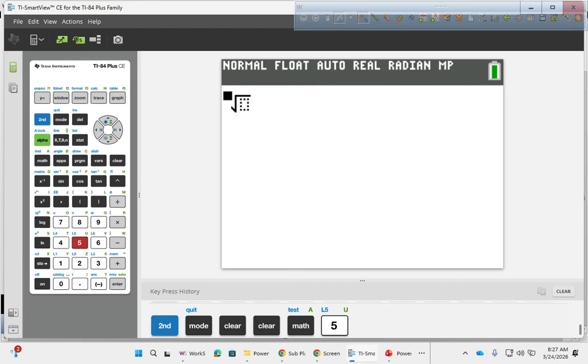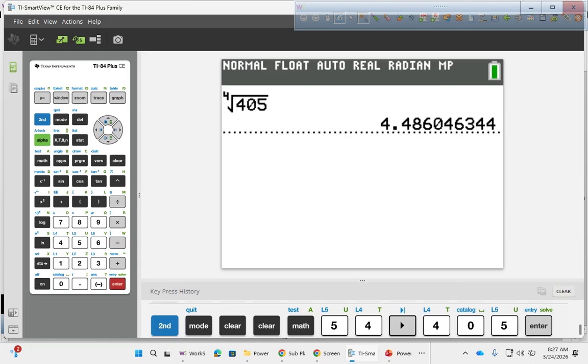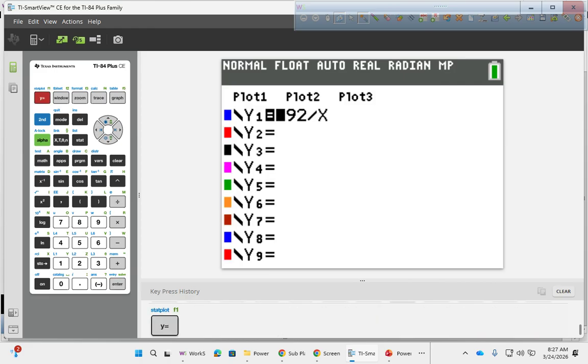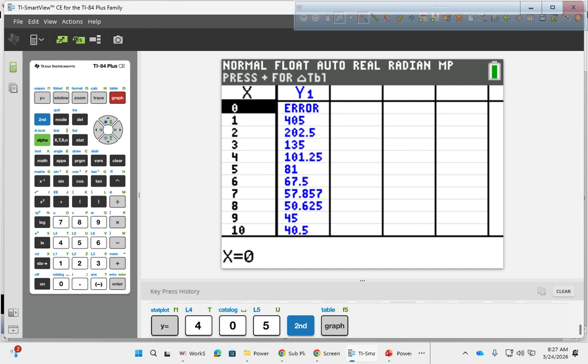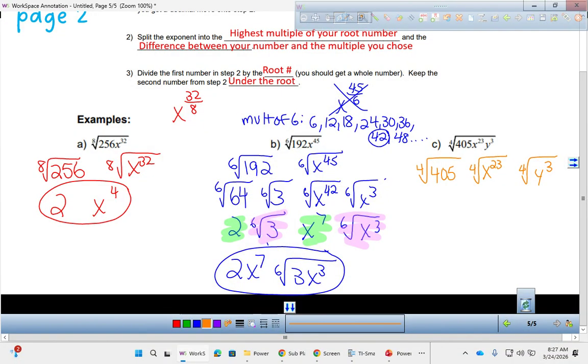I'm going to math 5 it, and it's a decimal, so I'm going to go to the y equal screen. 405 divided by x, and I am looking for a perfect 4 because it's x to the 4th, so 16, 81, 256, 625. Do we see any of those? 81. Next to 81 is a 5. Right, so I pick those.